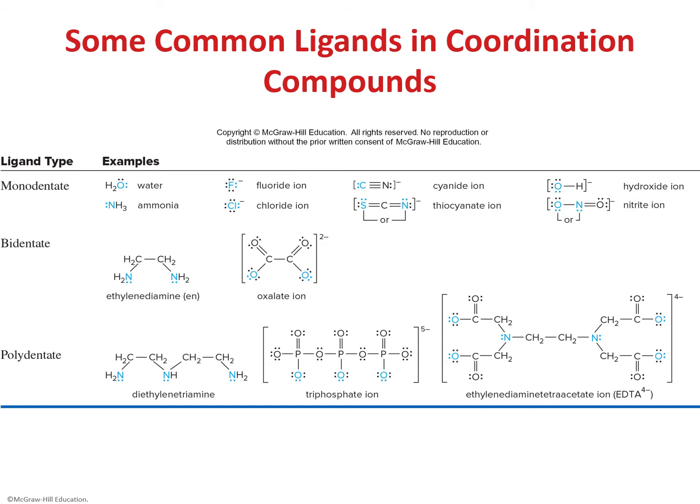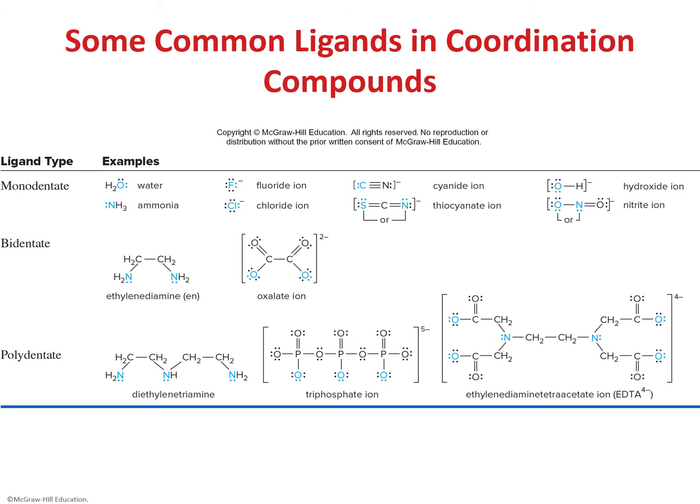The monodentate ligand examples would be water. Water has oxygen, and oxygen has two lone pairs, and it can donate one of these lone pairs, so it can only form one bond with the metal in a coordination compound. That's why it's called monodentate. Then there's the fluoride ion.